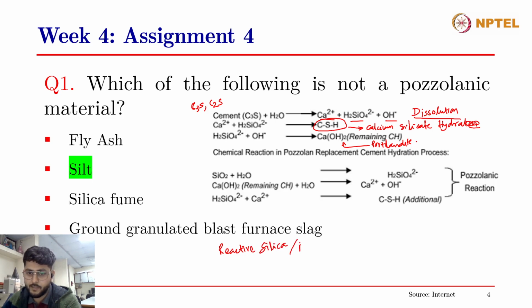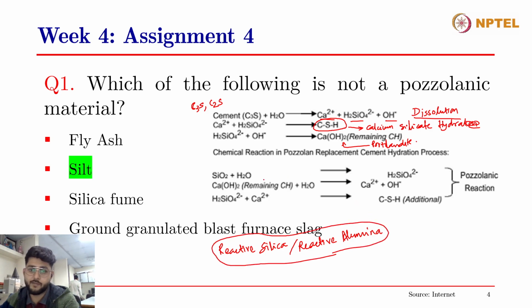Reactive silica and reactive alumina. The reactive silica and alumina coming from these pozzolanic materials dissolve in water and react with the portlandite, or the calcium hydroxide produced from the cement hydration reaction, in order to give us additional CSH, or additional calcium silicate hydrate.